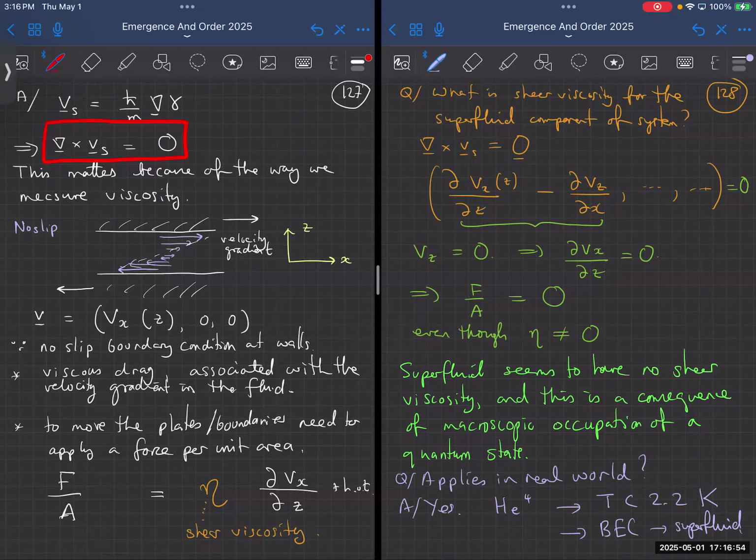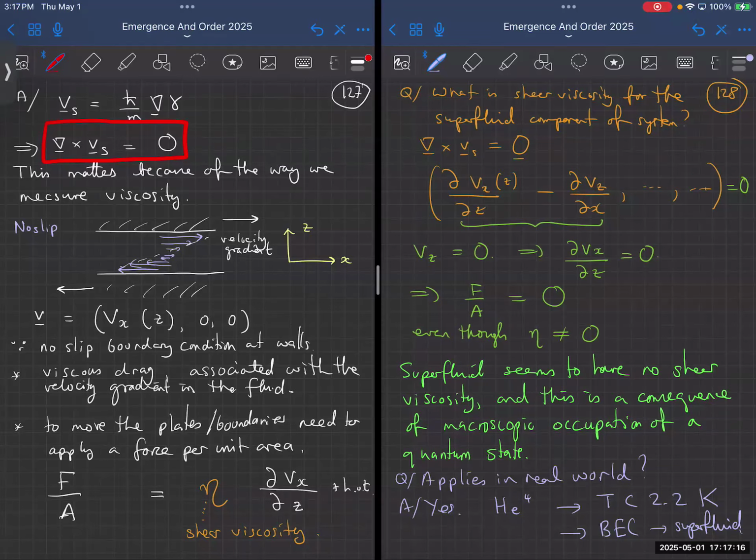Okay, so there's more I can tell you about this, but I think I'm going to stop there for now. I think we're not going to go too much into the details of quantum vortex lines.